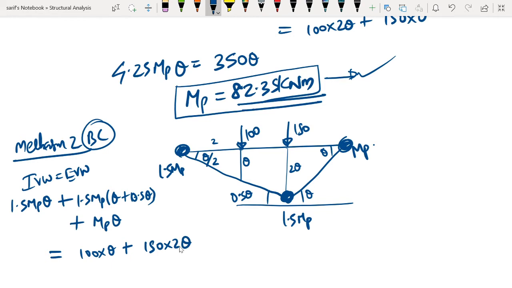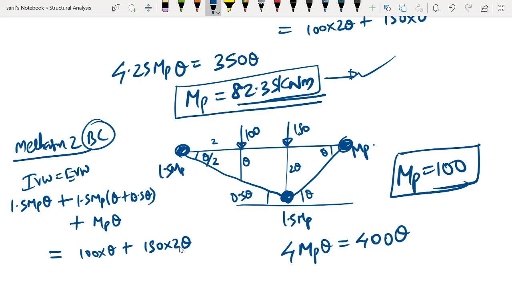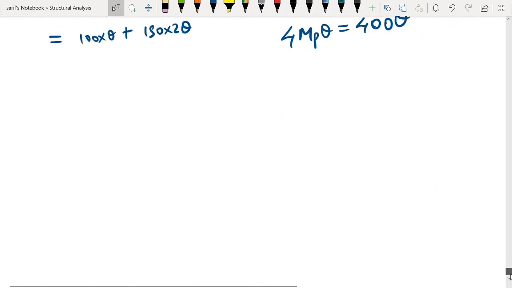Simplifying, we get 4 MP theta equal to 400 theta, that is MP equal to 100. So from mechanism number 2 for the span BC, the MP required is 100 kilonewton meter. Now let us try span CD.